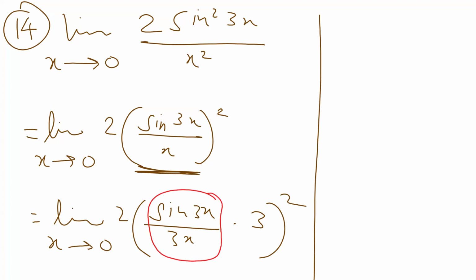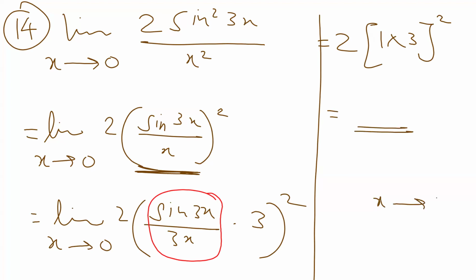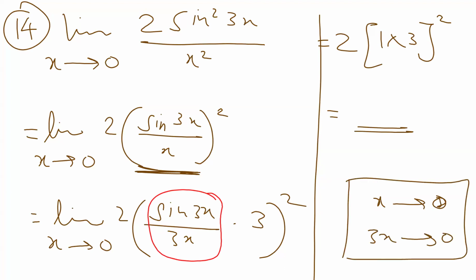Now this particular part is 1. So 2 bracket 1 into 3 the whole square. Whatever is the answer. x approaches 0, so 3x also approaches 0. This also you mentioned. The answer is 18 over here.